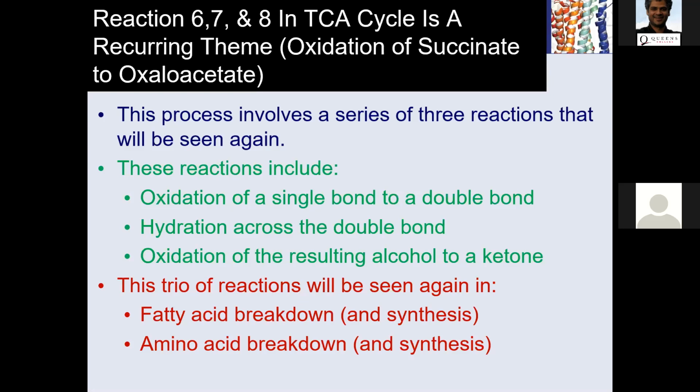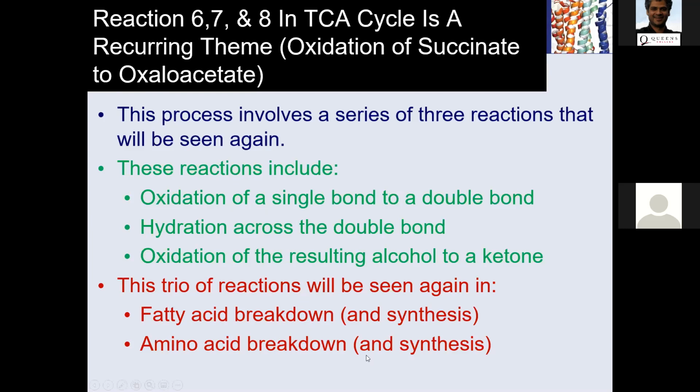As I said, reactions number 6, 7, and 8 are a recurring theme. Oxidation of succinate to oxaloacetate happens in many other pathways, including fatty acid breakdown, fatty acid metabolism, and amino acid breakdown. So we'll see those reactions again and again.